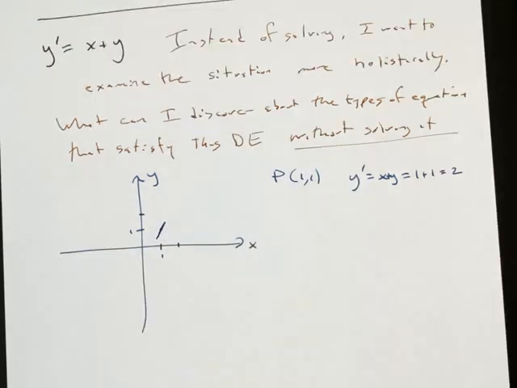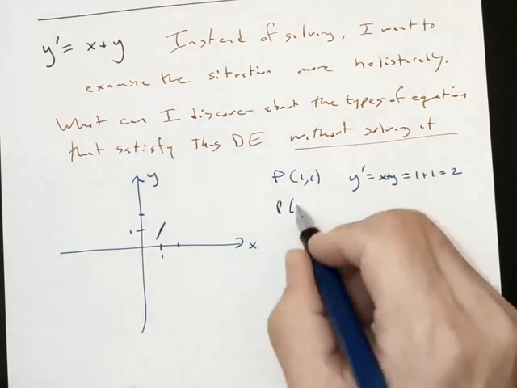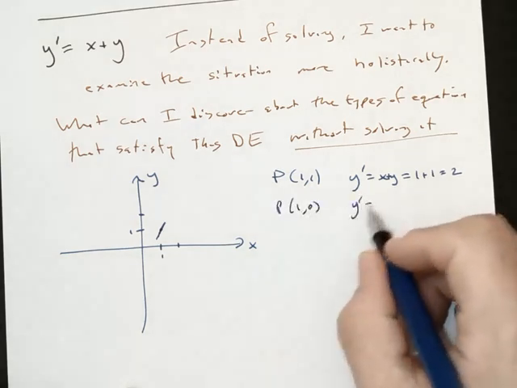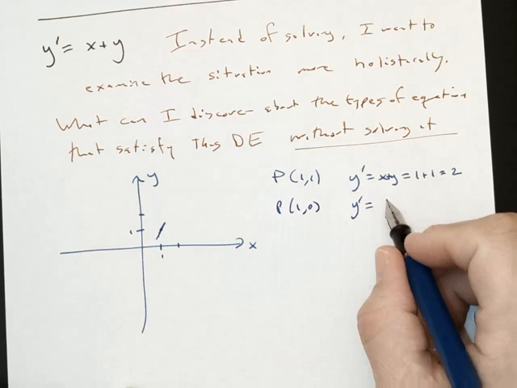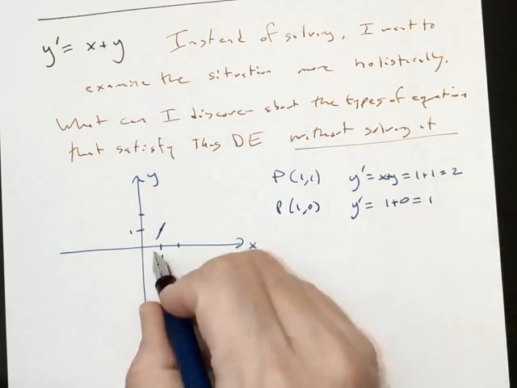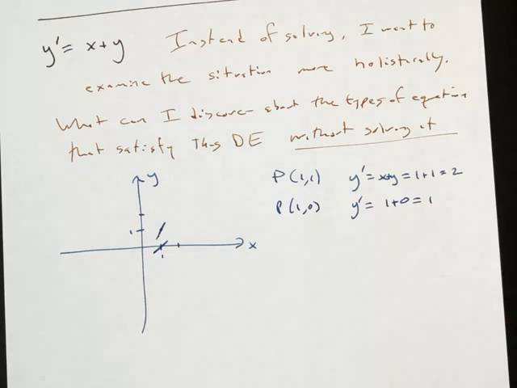But I know that that particular straight line is only the right tangent line in a very small area around x equals 1, y equals 1. So I just draw this little piece of a line. I'm going to do this everywhere. If I go to the point 1, 0, I'll get a line of slope 1.